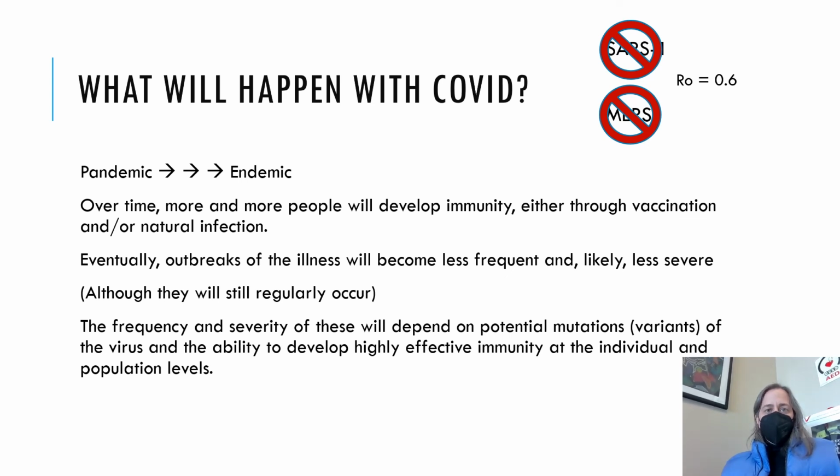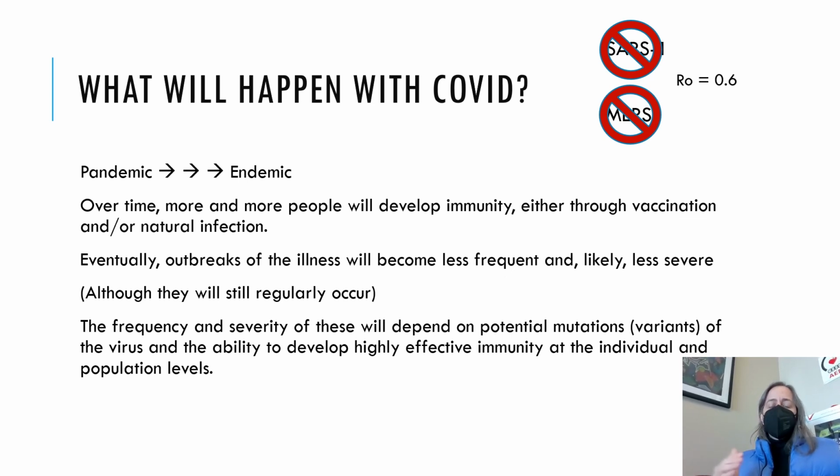So what will happen over time is that we're just going to have to live with COVID. But as more and more people develop immunity, either through vaccination or natural infection, then the severity and the frequency of outbreaks will eventually lessen. They will still regularly occur, however.